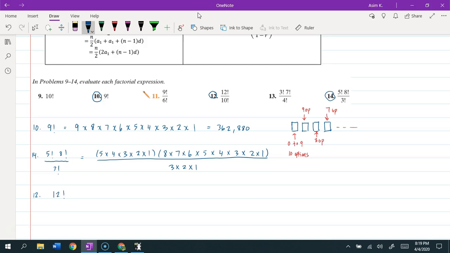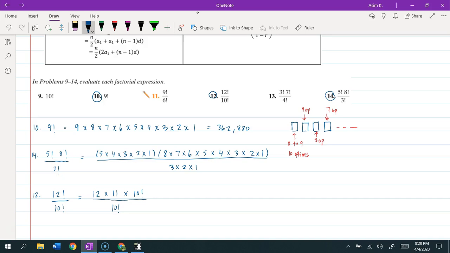If somebody tells you 12 factorial over 10 factorial, technically speaking, this is 12 times 11 times 10, but for whatever reason, I decide to stop at 10 factorial. Just pretend that I decided to stop. Think about it. In the bottom, you also have 10 factorial.